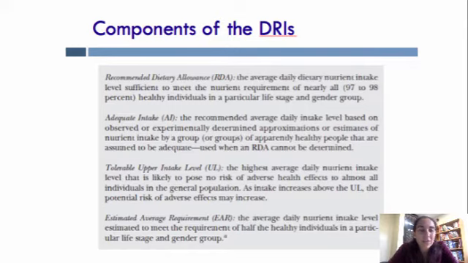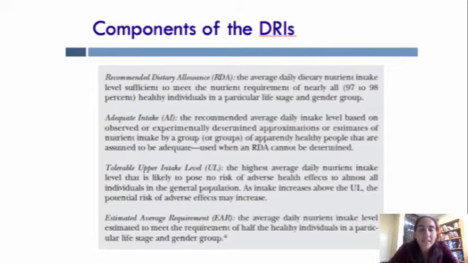And if you are familiar with statistics, which I think a number of you are now because you had a statistics class in the fall and have had other statistics classes, if you're considering a normal distribution, the EAR is set at 50%, and 2 standard deviations above that is going to cover 97.5% to 98% of the population. So that's where the RDA is set.